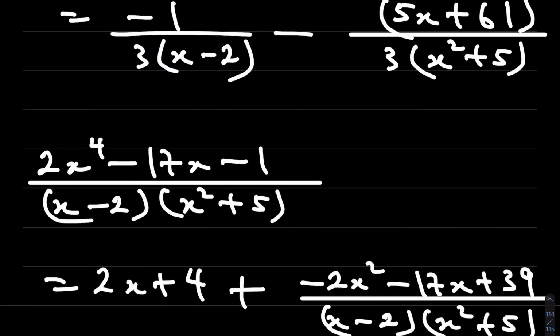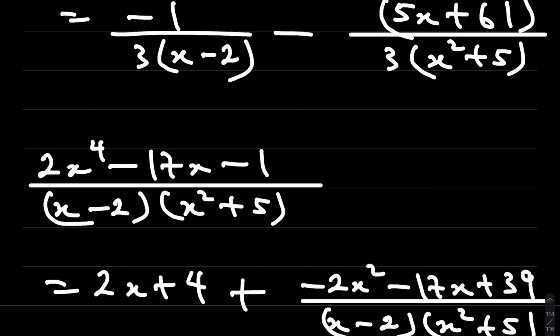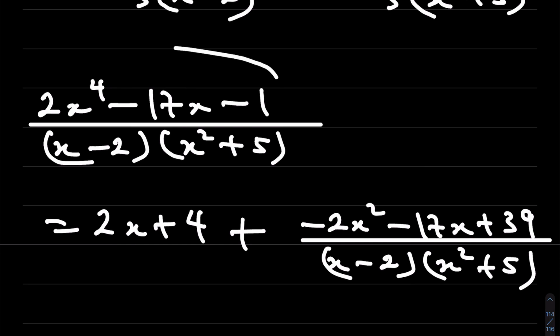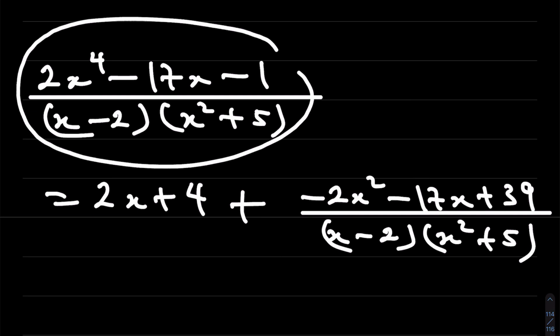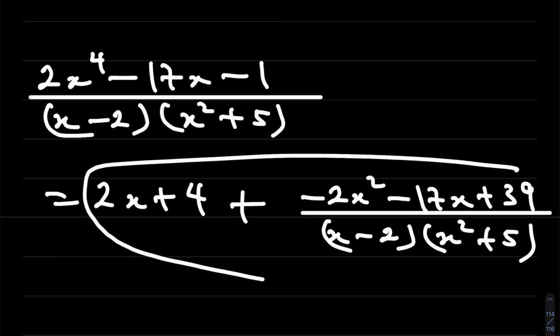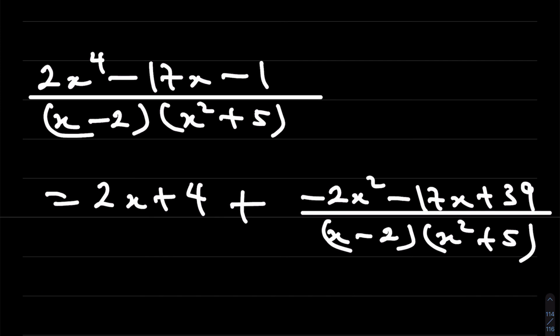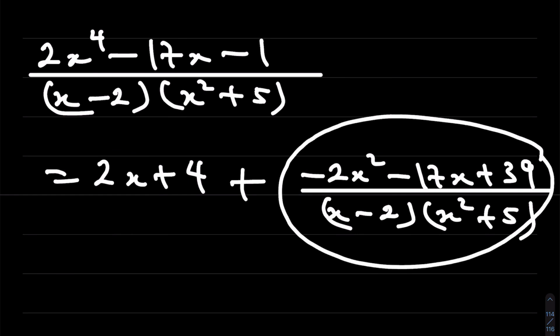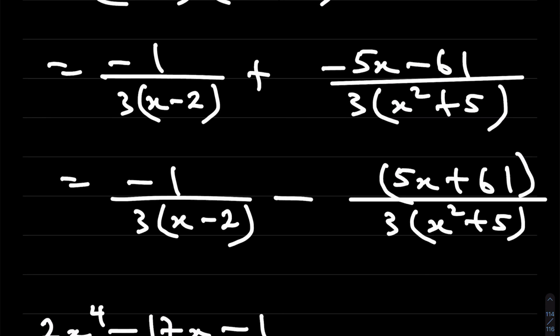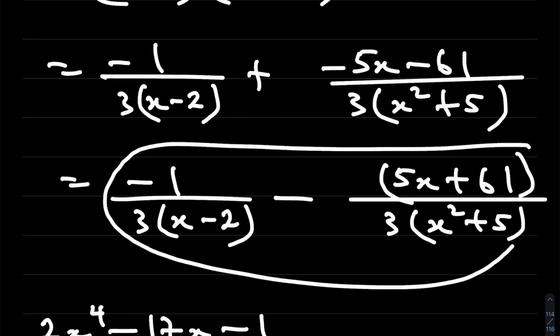That's very good. So this is the original fraction. It's an improper fraction, and we reduced it to a proper fraction by dividing to get this. And then we resolved the proper fraction into partial fractions. So it is this proper fraction that gave us these partial fractions.